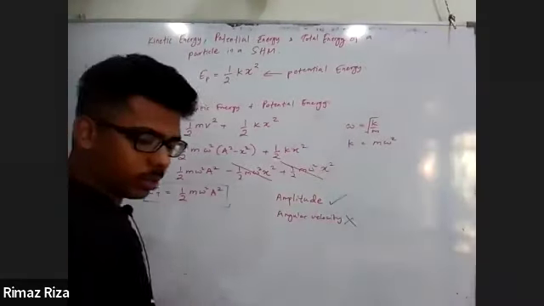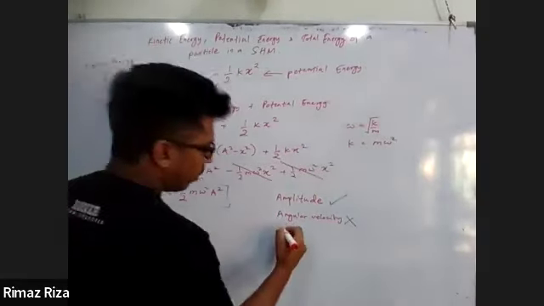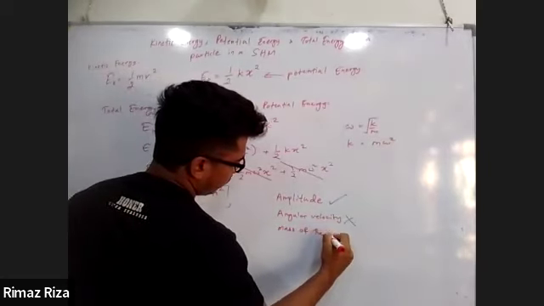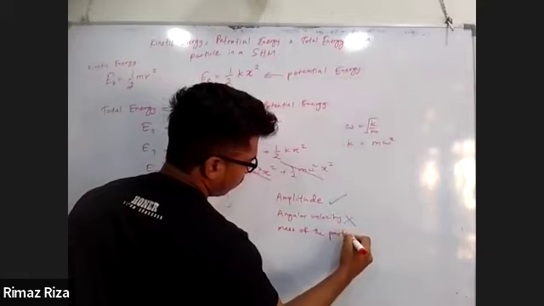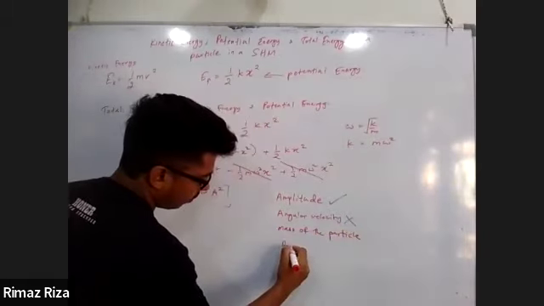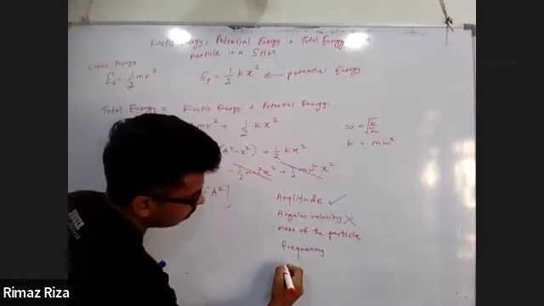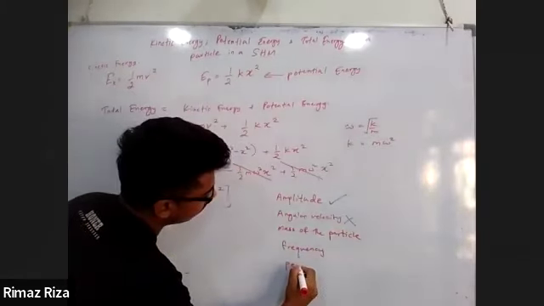So I will write the factors: mass of the particle, frequency, and periodic time.